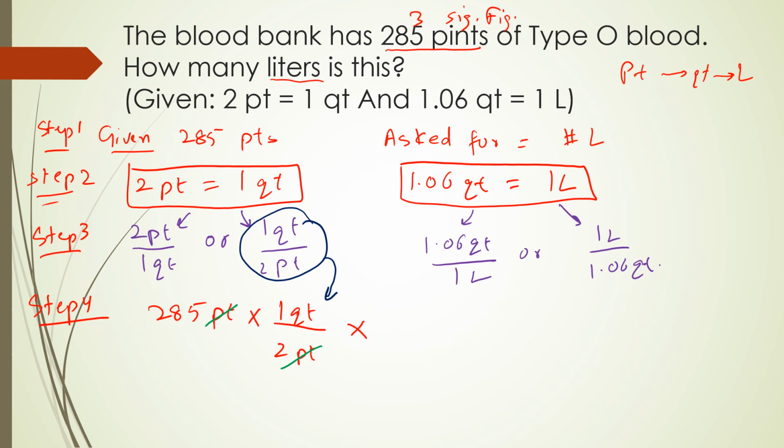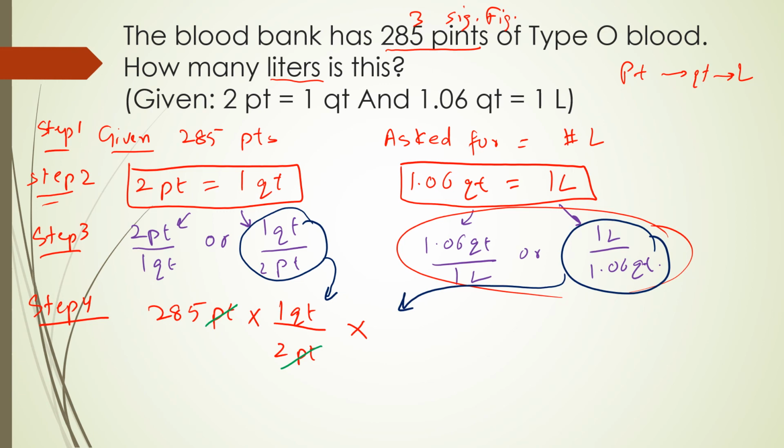So next is you find the quart unit in the other side which cancels it. So only unit which is going to cancel is this one. So this conversion factor goes here. So 1.06 quart down here and 1 liter up here. And now the quart gets cancelled with quart. Let me just write it one more time with more refinement.